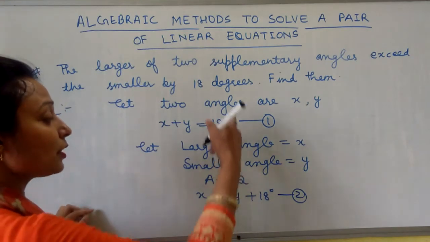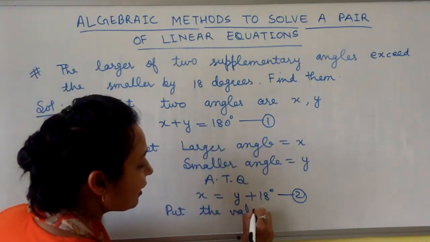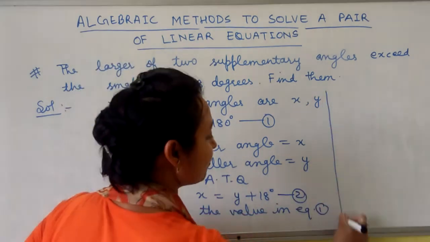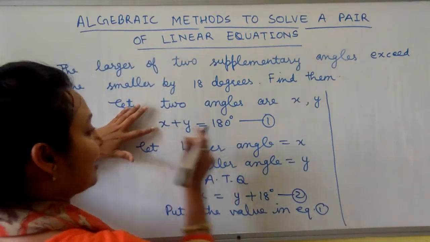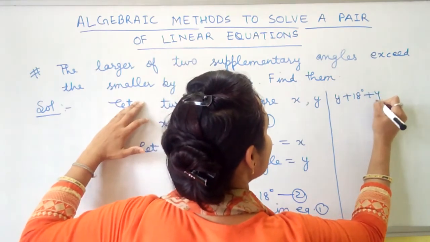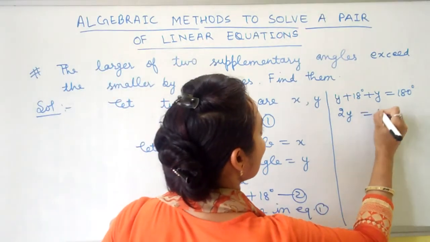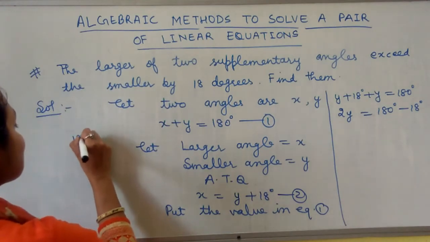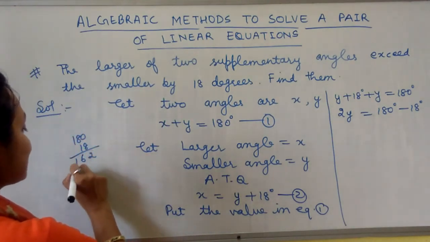Now put the values in equation number 1. After substitution, in place of x we substitute y + 18. So y + 18 degrees + y = 180 degrees. 2y = 180 minus 18 degrees, which is 162.